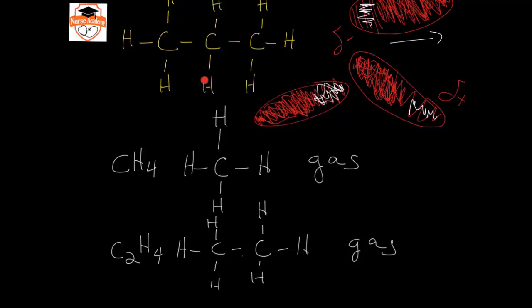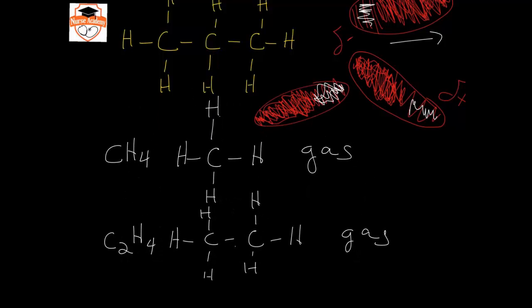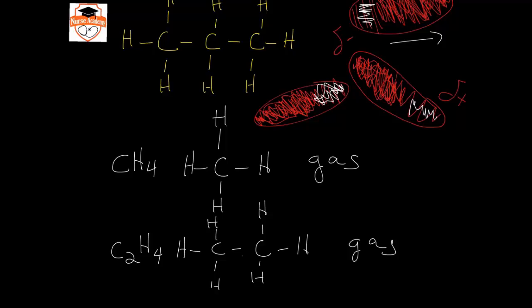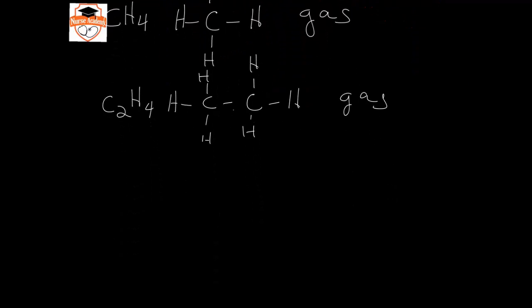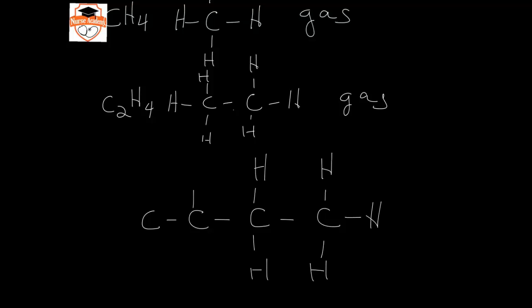And then finally, we have propane, which is a gas at room temperature, but it's fairly easy to bottle in liquid form, and that's where we get our propane tanks from. And then, when we get to butane, butane has 4 carbons, and it has 1, 2, 3, 4, 5, 6, 7, 8, 9, 10 bonds.